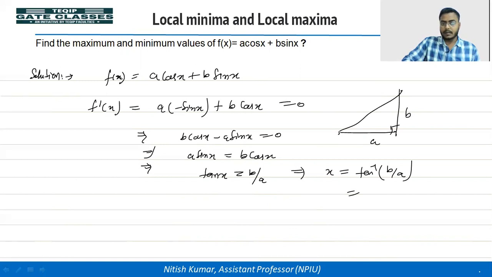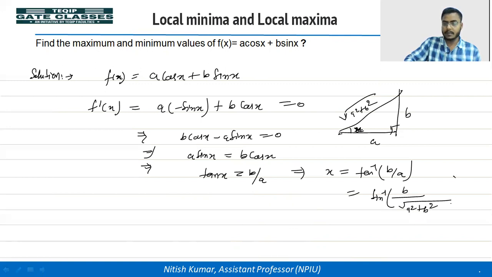And this is suppose x. So tan x we can write as b by a. We can also write sine inverse of b divided by root of a square plus b square.